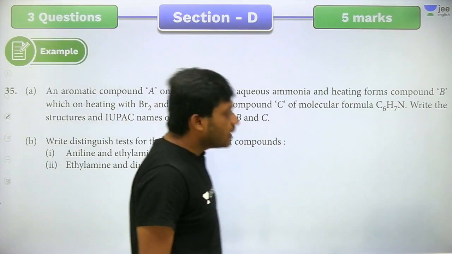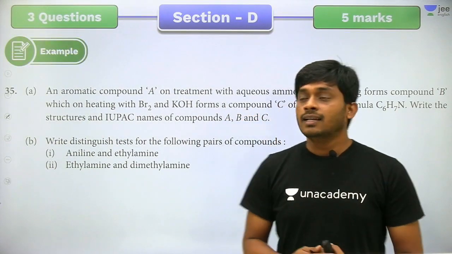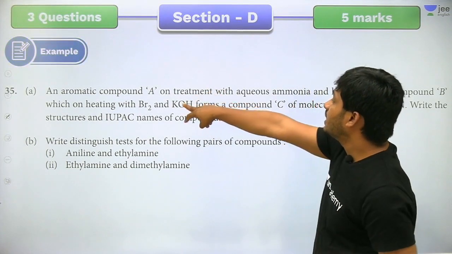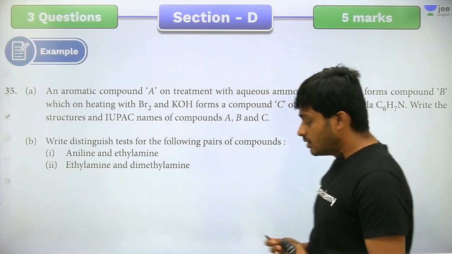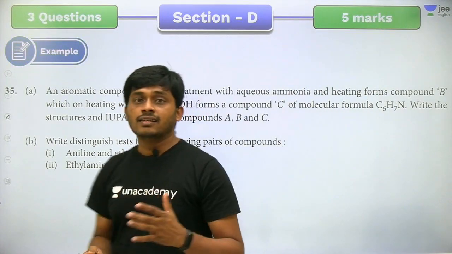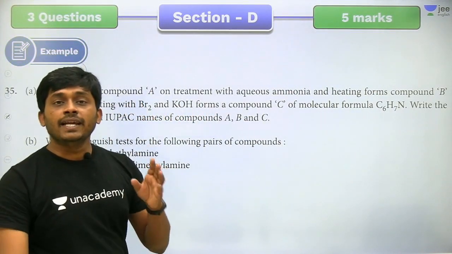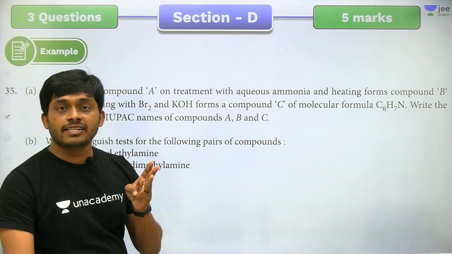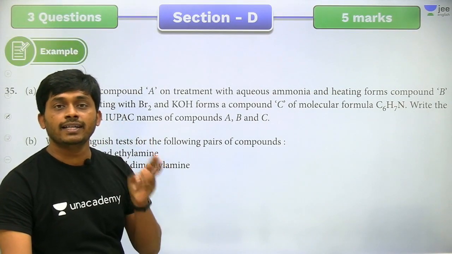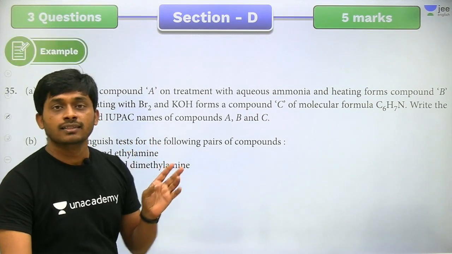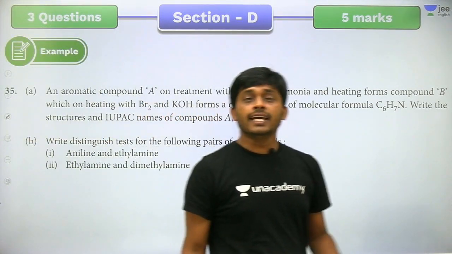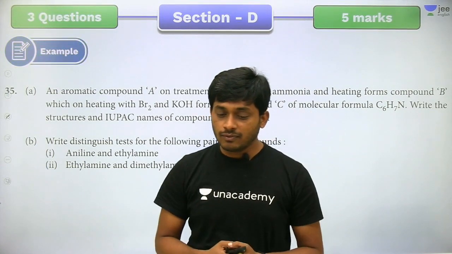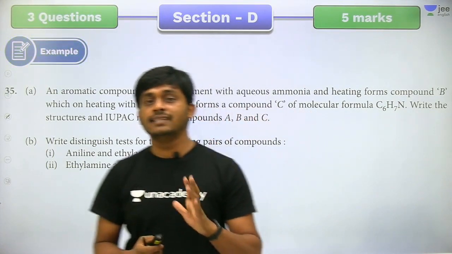Aromatic compound. Now this is an organic question, and read what they are asking. We completed 3 sections: the 3 marks section, 2 marks, 1 mark. The last section left is 5 marks. Here, what is the ideal time? What is the optimum time you can spend on this section?